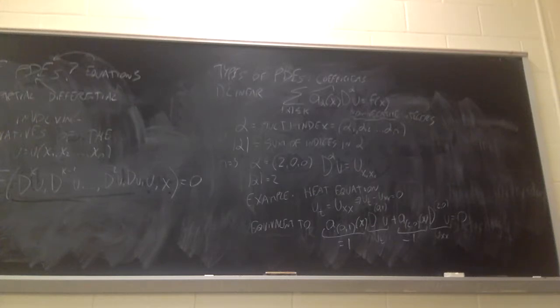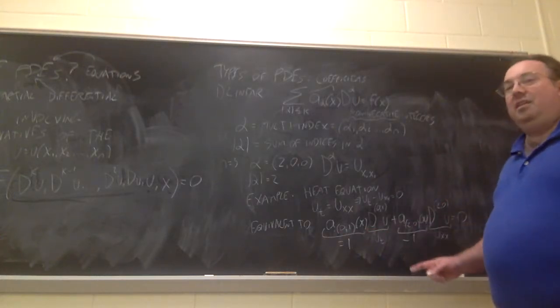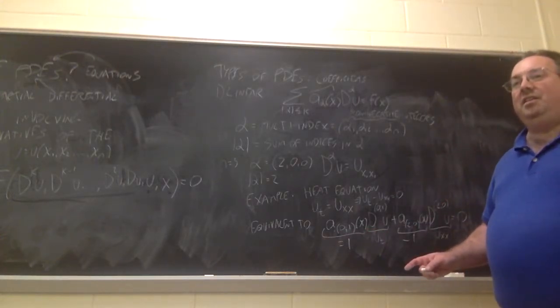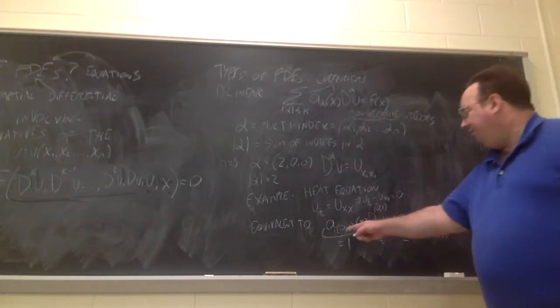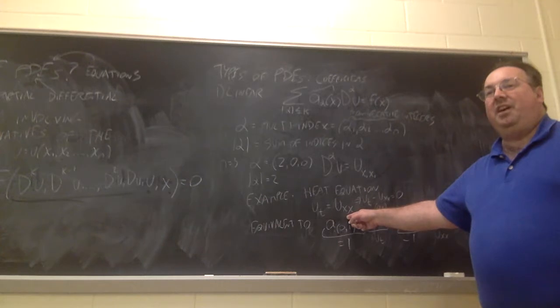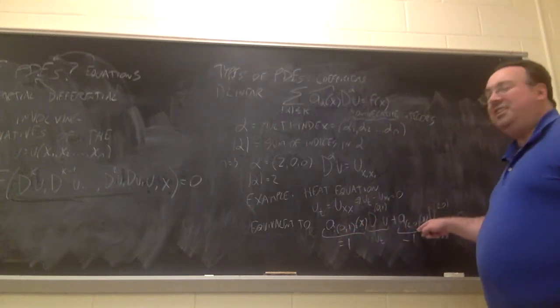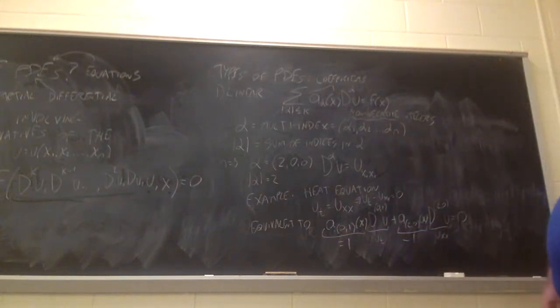So you chose alpha to be 0,1 and then 2,0 because you knew you wanted the coefficients to equal 1 and -1? Well, these are chosen to match the orders of derivatives that I have in the equation. That explains why I have these particular multi-indices and no other ones.